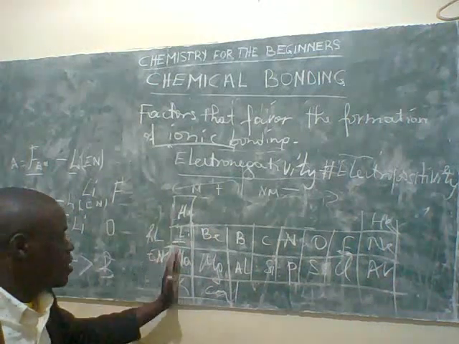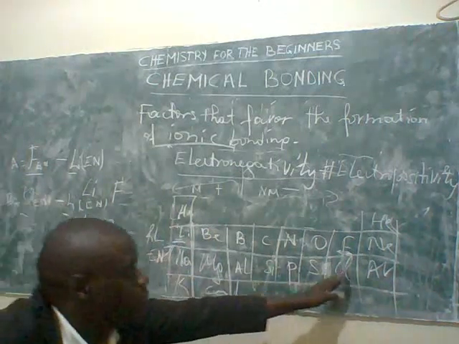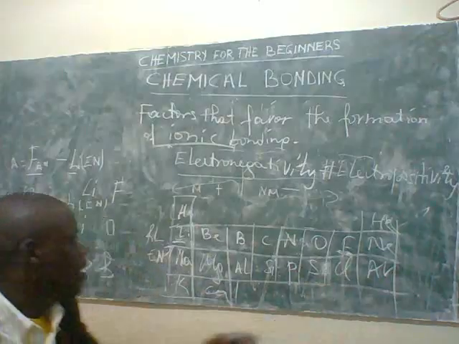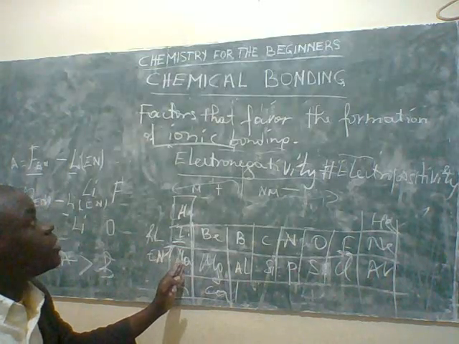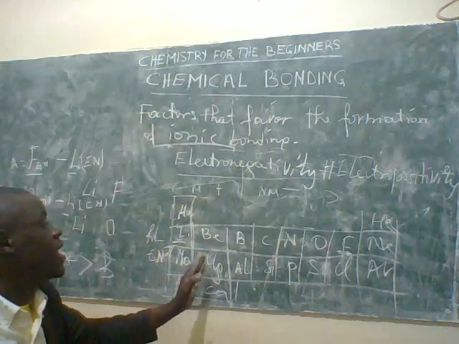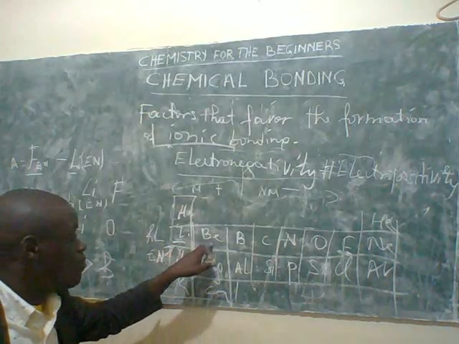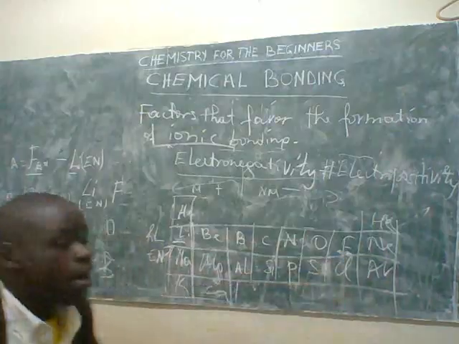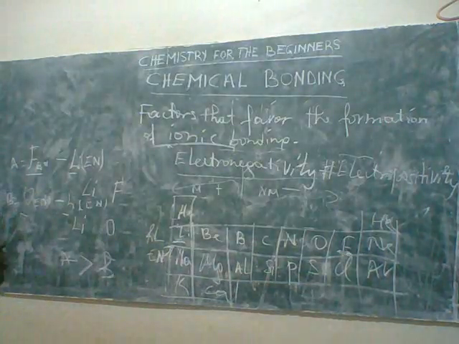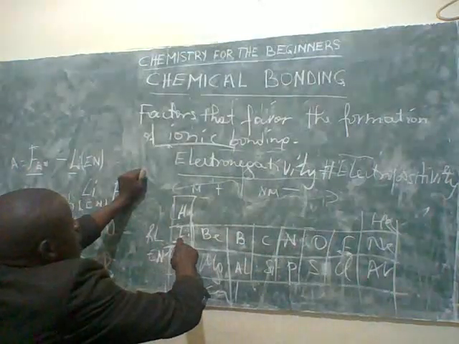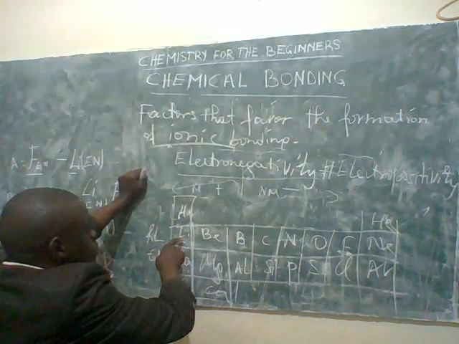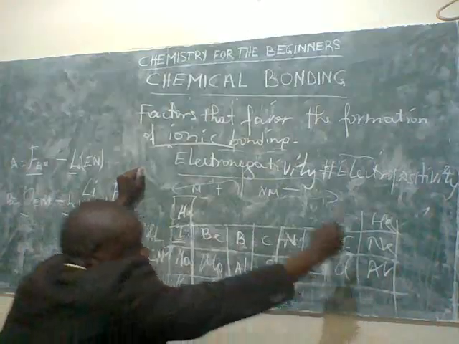When we combine one of these and another from here, they produce a compound which is more ionic compared to when we take one from here to combine with another here, which means beryllium fluoride is the less ionic compound compared to the lithium fluoride.